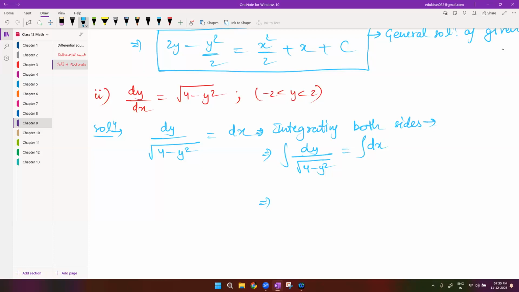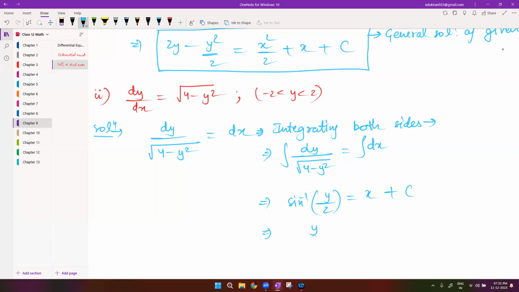This a is what? 2. 2 square minus y square. So this would be sine inverse y by 2 is equal to x plus c. Sine inverse of y by 2 is equal to the integration of 1 into dx, which will be x plus c.